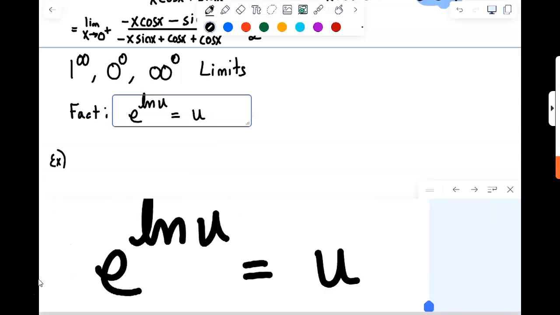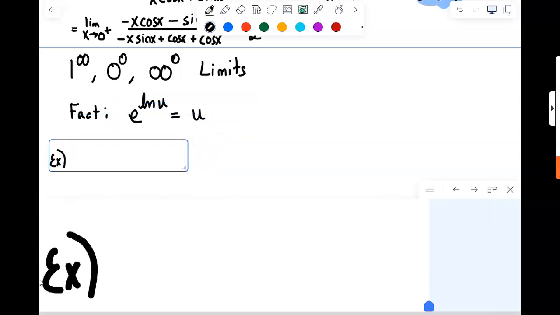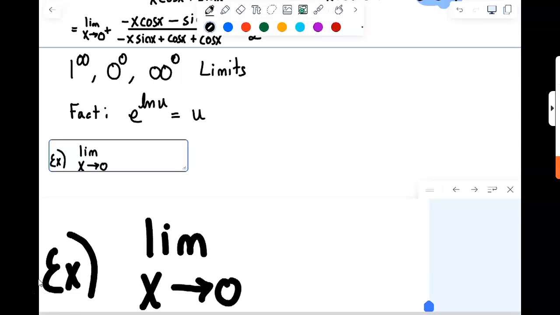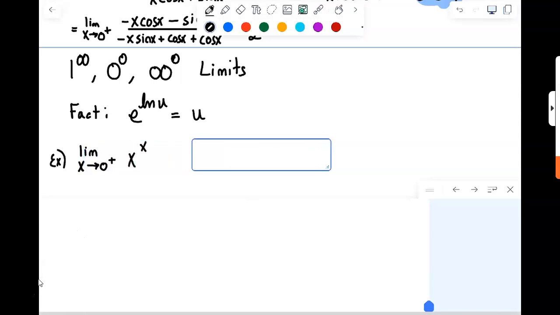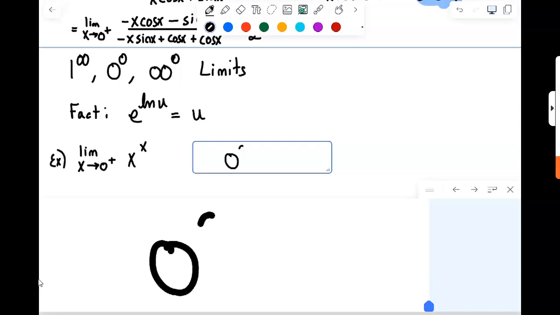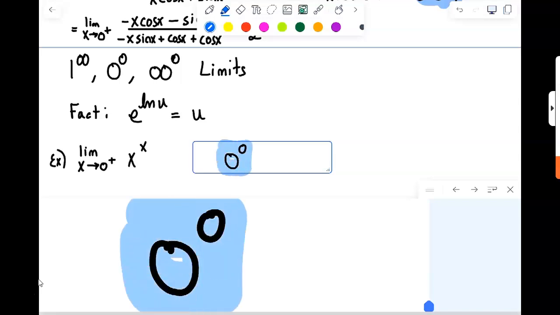without this logarithmic approach. So let's consider the limit as x approaches 0 from the positive direction of the function x to the x. This, of course, is a 0 to the 0 limit in this example.